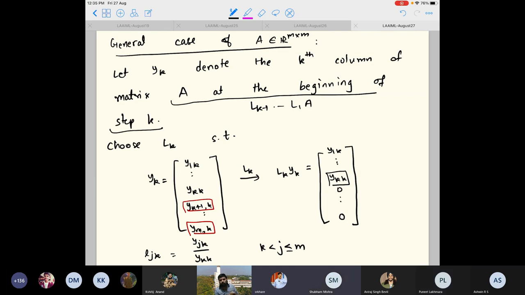Sir, can we say conversely that if we try to construct the LU decomposition and we fail, then the matrix is actually not invertible? Yes, you can say. I am not going into those details right now, but you are right.